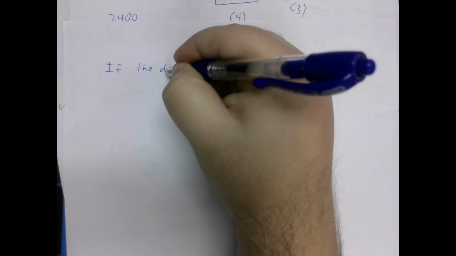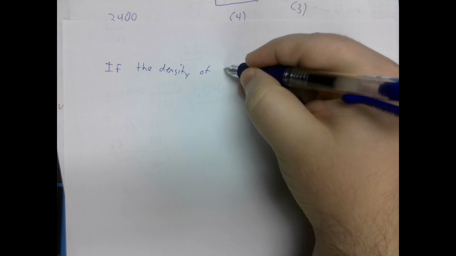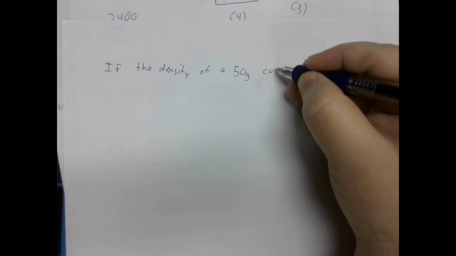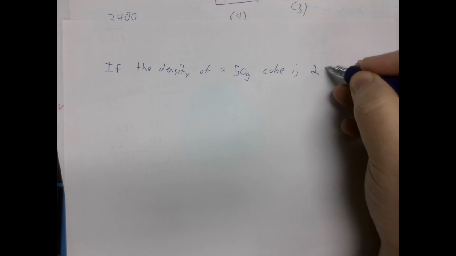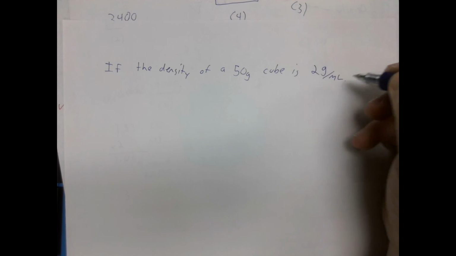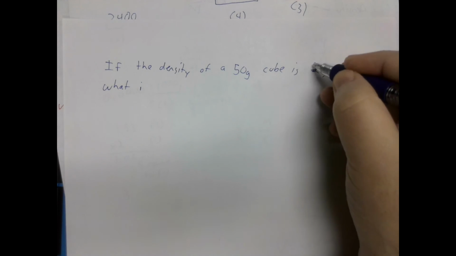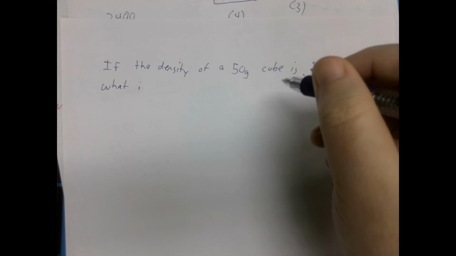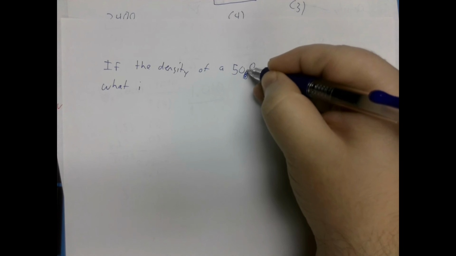If the density of a 50-gram cube is 2 grams per milliliter, what is its volume? And let me make this 2.0, and let me make this 50.0 grams.